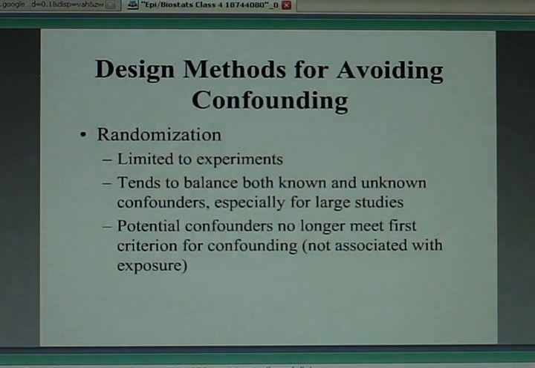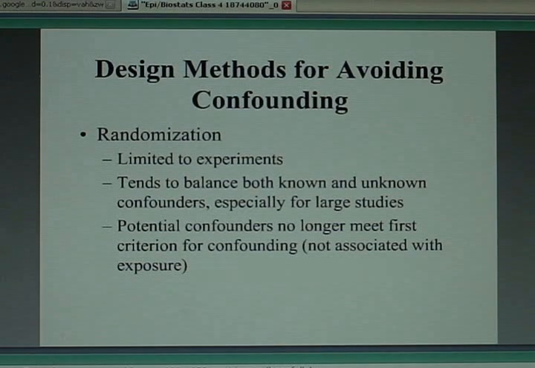Sex or age cannot be the reason why one treatment group has different outcomes than the other treatment group. Because both treatment groups have the same amount of men, both treatment groups have the same amount of women, both treatment groups have the same amount of old people and young people. They can't be the reasons why you had different outcomes in the two groups. So in experimental studies, randomization is a way to avoid confounding.